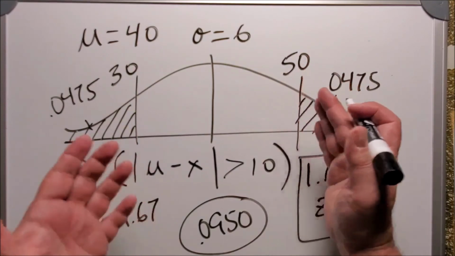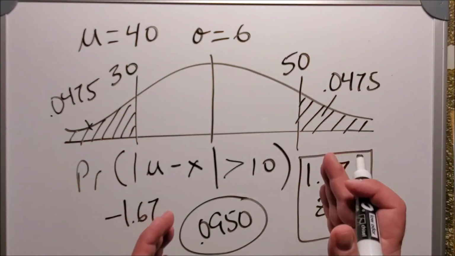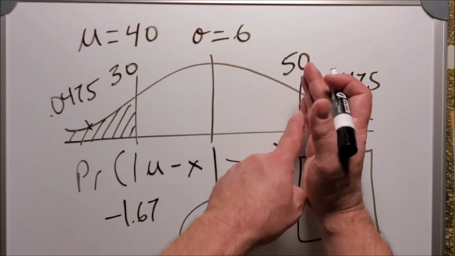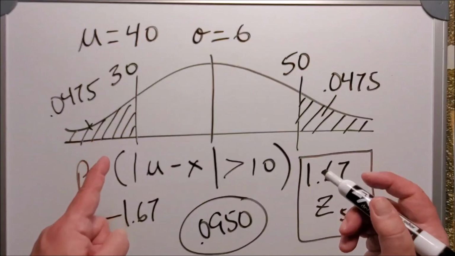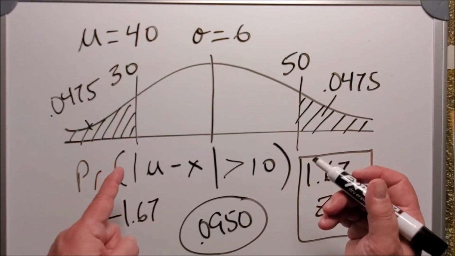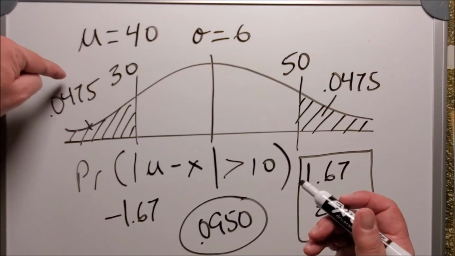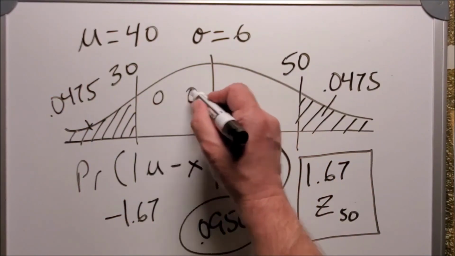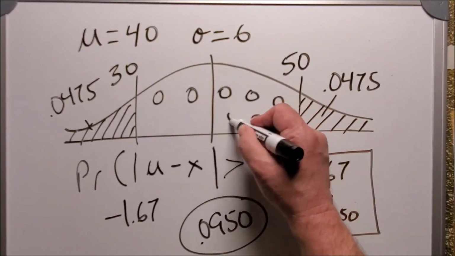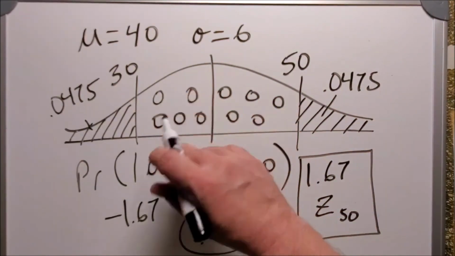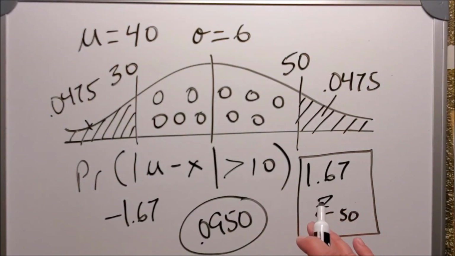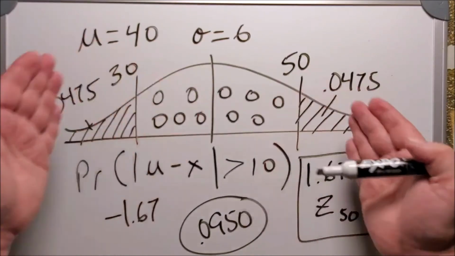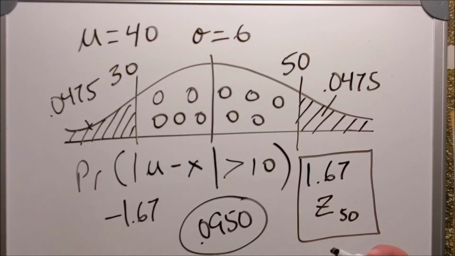This is not the most efficient way to do it, but if you wanted to do it this way, you could subtract the 0.0475 from 0.9525, and then you'd end up getting the area in between those boundaries. And then you'd turn around and say to yourself, well, I know that the area of this entire thing is 1, so I would subtract that area between from 1, and you'd still get the same answer. So that's an alternative way to do it.